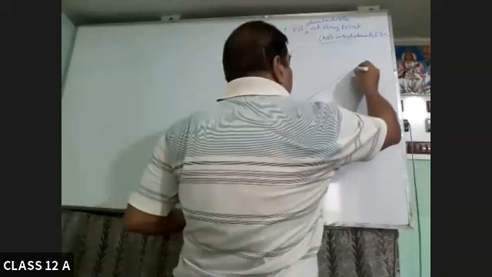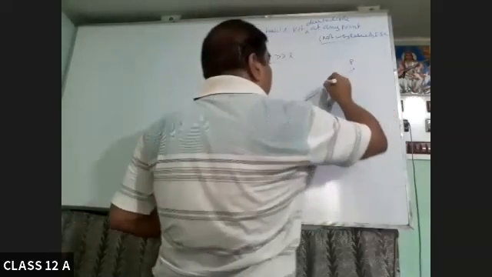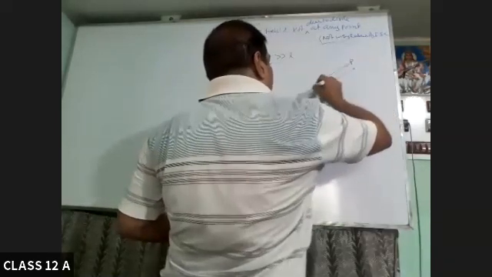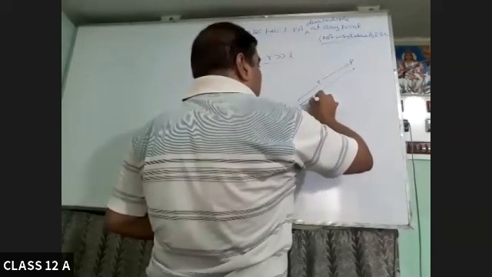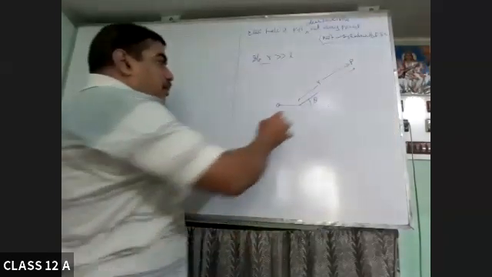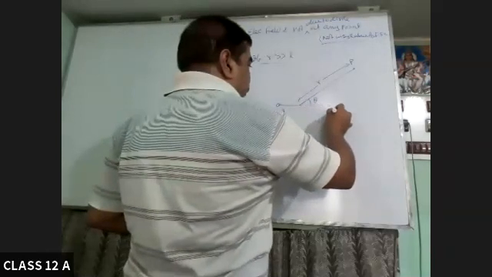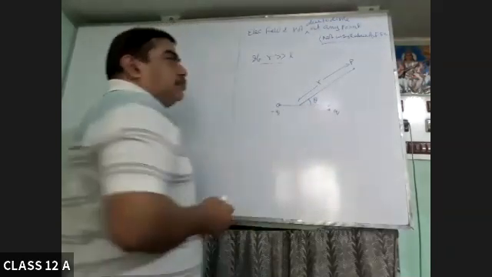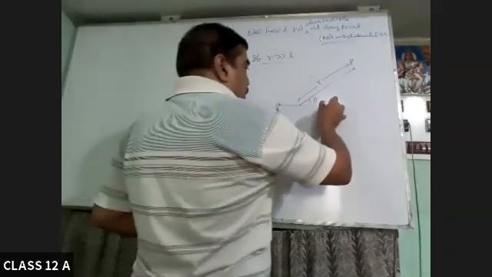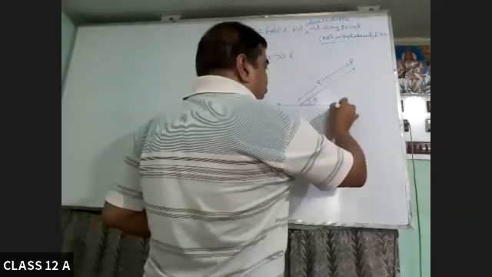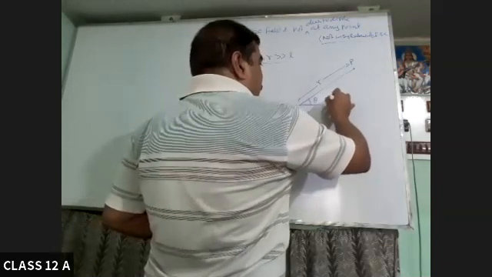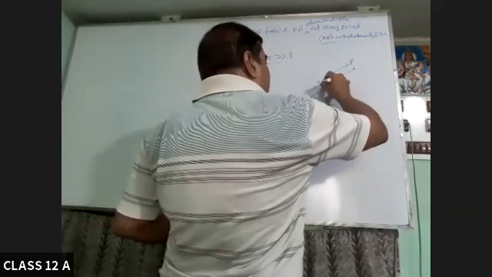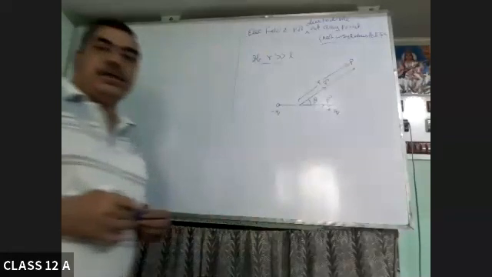In that condition, suppose this is the point P, this distance is R, and this angle is theta. The angle between the dipole moment and the position vector is theta.